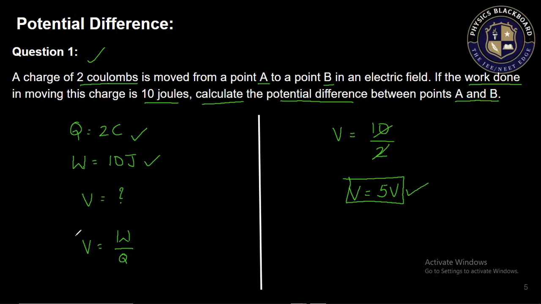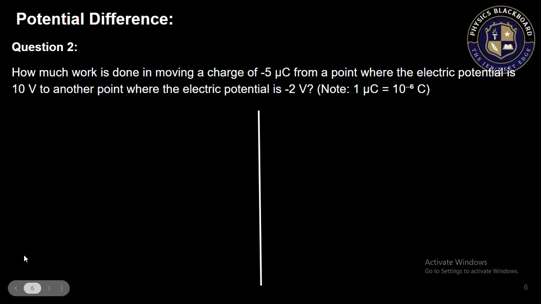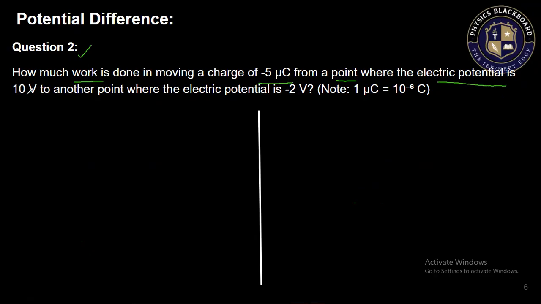And next, we see one more numerical related to this charge. Question 2. How much work is done in moving a charge of -5 microcoulombs from a point where the electric potential is 10 volts to another point where the electric potential is -2 volts?